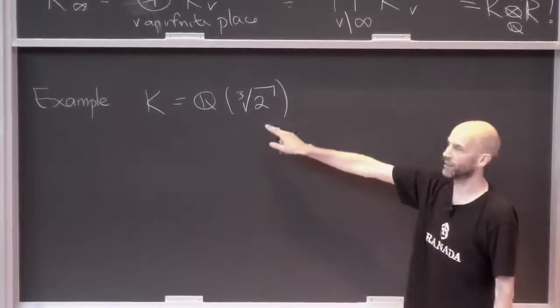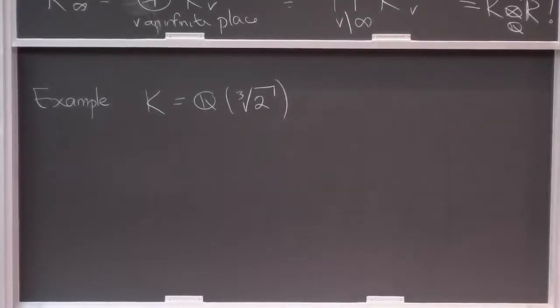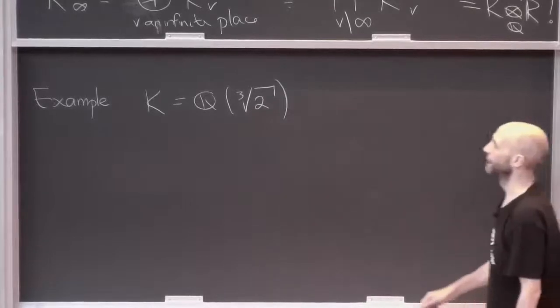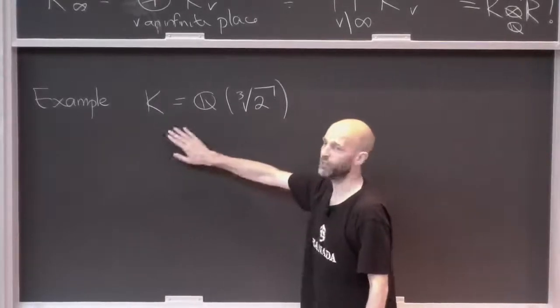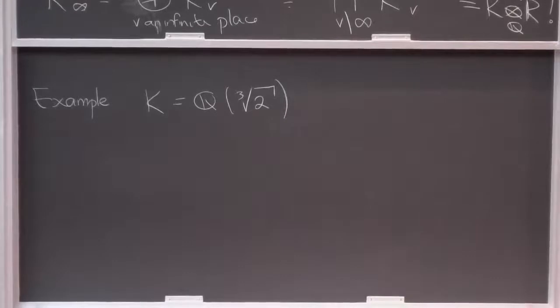Well, this field is neither totally real nor CM, and it's pretty simple, and we know very, very little about the global Langlands philosophy, even for GL2 for this field.